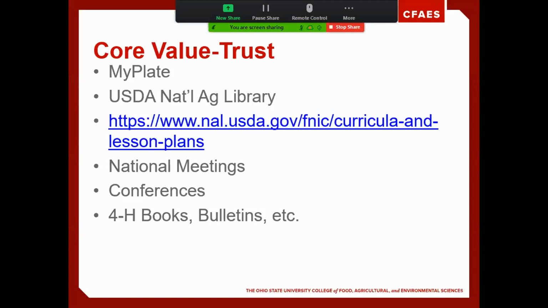Are there subject matter conferences where I can hone in on some of my expertise? There's always the 4-H books and bulletins. As I said, we're blessed to be part of not only Ohio State University, but the land-grant system nationwide, and there's lots and lots of information out there. So we just have to do our due diligence, and we'll talk about that in a minute.